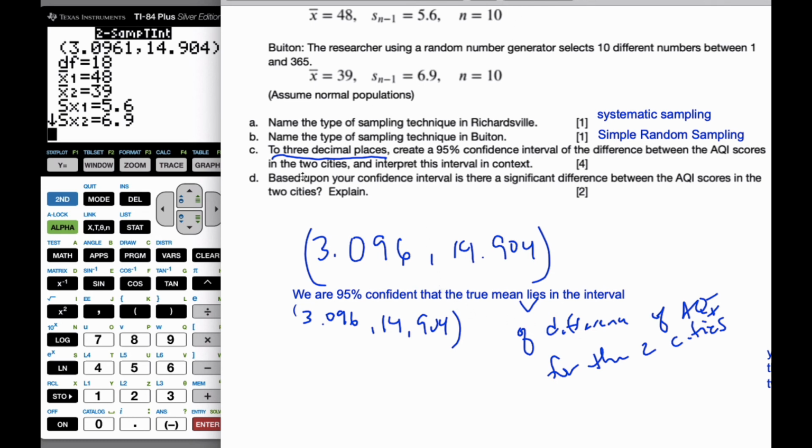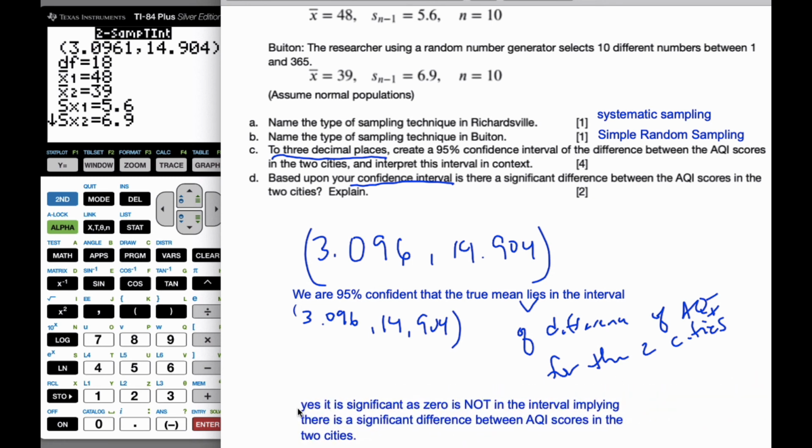And then finally it says, based upon your confidence interval, so there's no choice, you have to use your confidence interval. Is there a significant difference between the scores of the two cities? Well, the answer is yes, because 0 is not in this interval. If 0 is in this interval, then the difference is negligible.